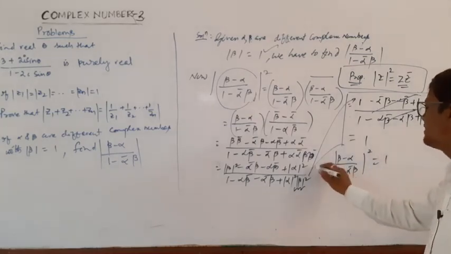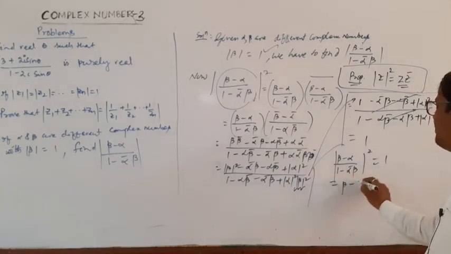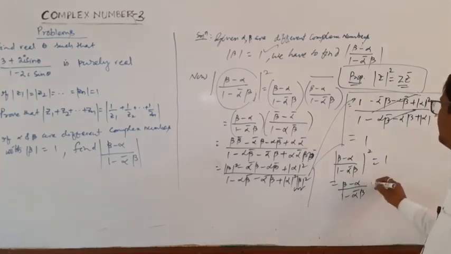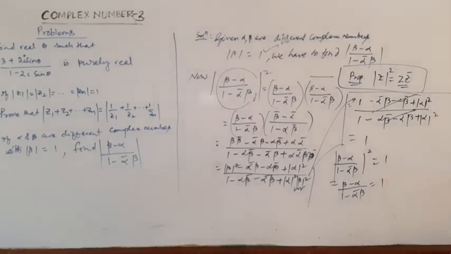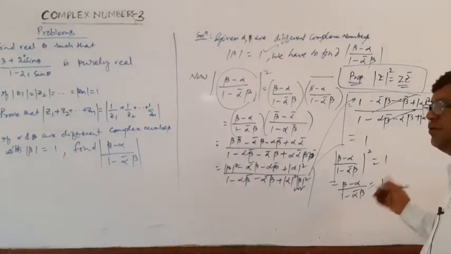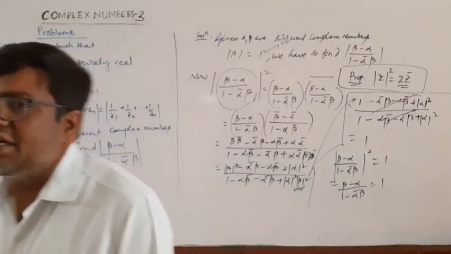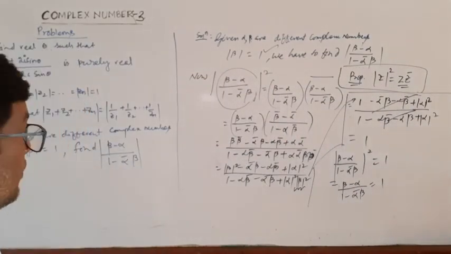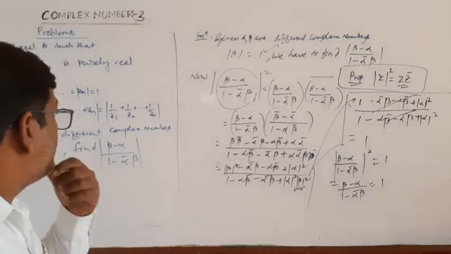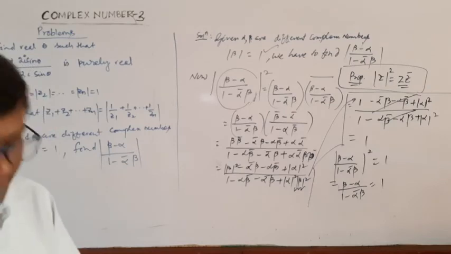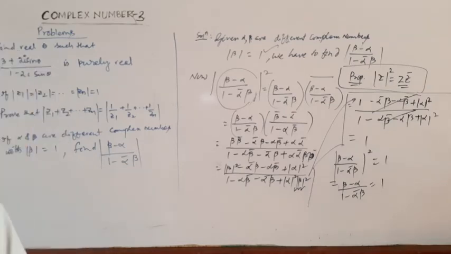That implies beta minus alpha divided by 1 minus alpha bar beta is equal to square root of 1, that is 1. Minus sign is not allowed, so only plus 1. The value of beta minus alpha divided by 1 minus alpha bar beta is equal to 1. Clear?